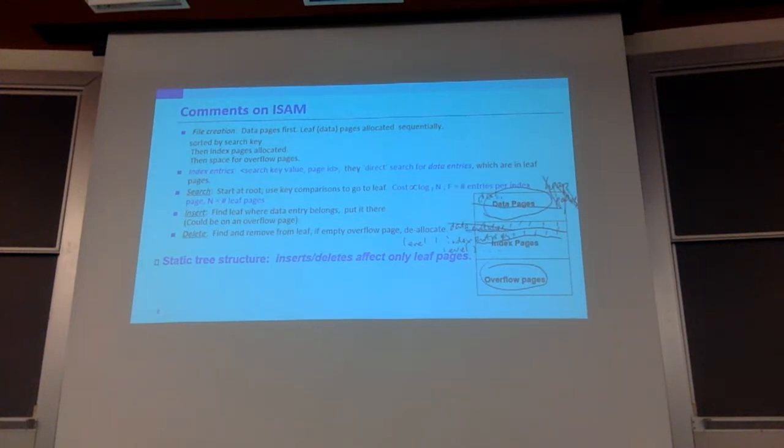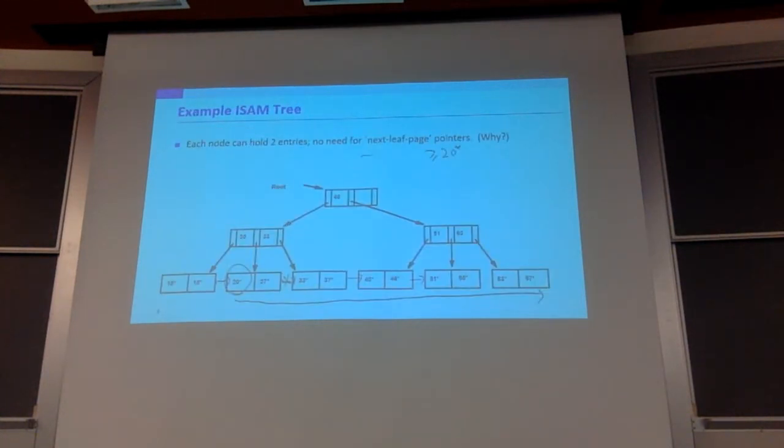The data entries are sorted and stored sequentially. Since they are sequential, you can just read the page with the next larger page ID, and you find that page. So that's why in ISAM you never maintain these next leaf page pointers. You do not need them because these pages are sequential.